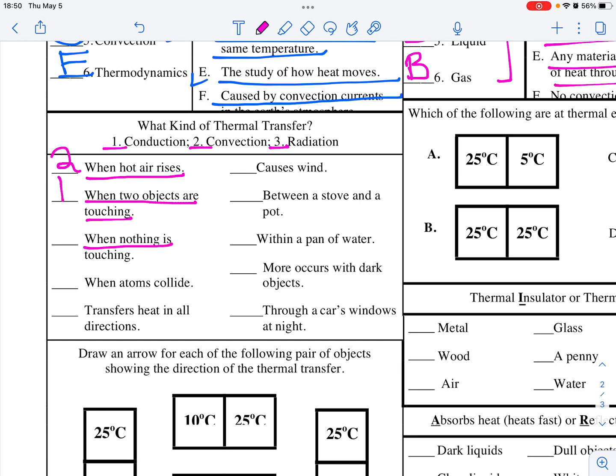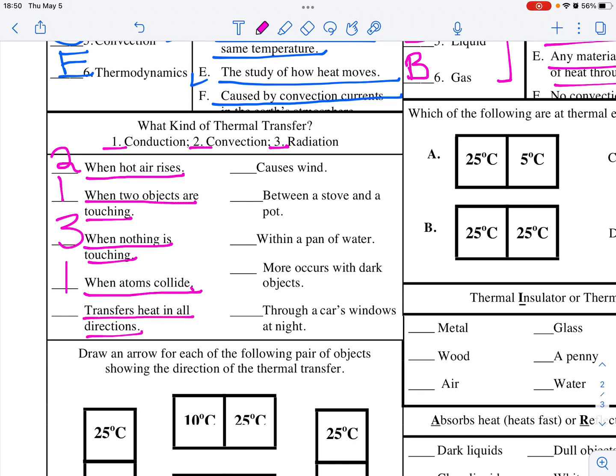If nothing is touching, there's only one possible answer. The answer is 3. When atoms collide, and remember when they collide, they're in contact or touching. That will be number 1.